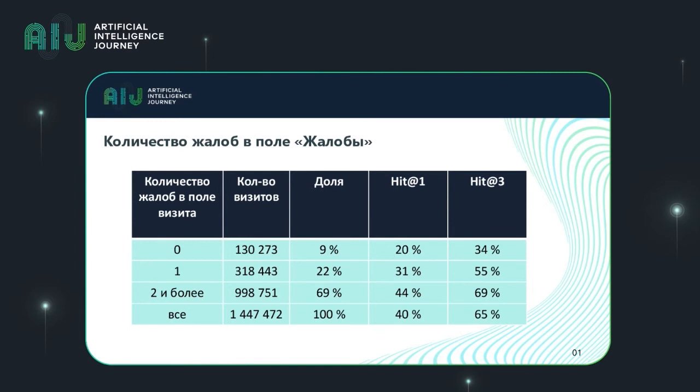We also split it by the amount of complaints, and of course the hit rate with 69% works well for 2 or more complaints.